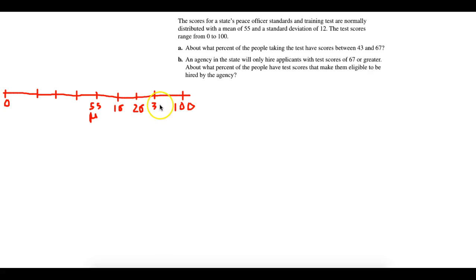Okay, so plus 1, plus 2, plus 3, and this is minus 1, minus 2, and minus 3. So again, remember this is our mean, minus, and plus each of these values.